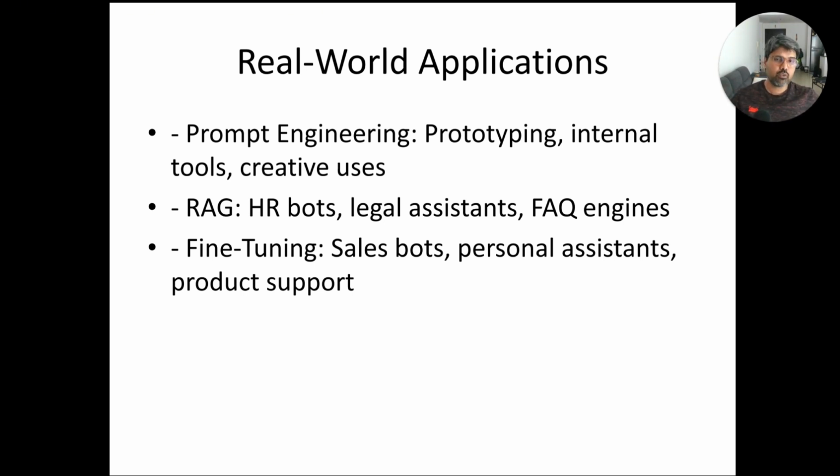Fine tuning is very good for very specific use cases, for companies who want sales bots, personal assistants. Why a sales bot? Because of how your company talks to a specific agent, the way they talk to a new client, you need to fine tune your company's culture and data into these models so that it behaves in such a manner.